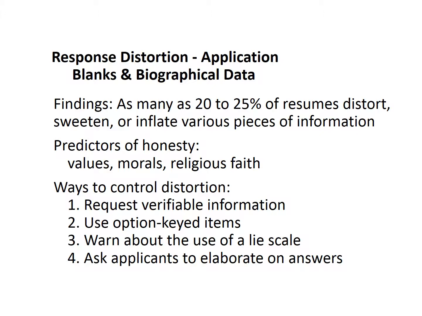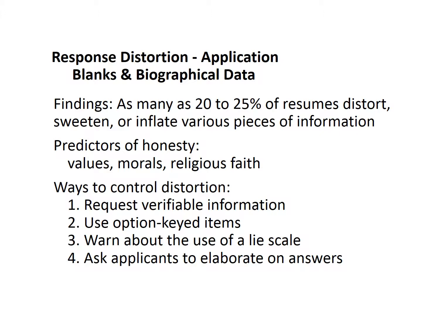So the more someone considers values and morals an important part of who they are, the more someone considers their religiosity to be an important part of who they are, usually they're less likely to distort information on biographical data. So some organizations actually look for indications of this in the actual biodata to value that information a little bit more highly. In other words, we're assuming it's less likely to be distorted.